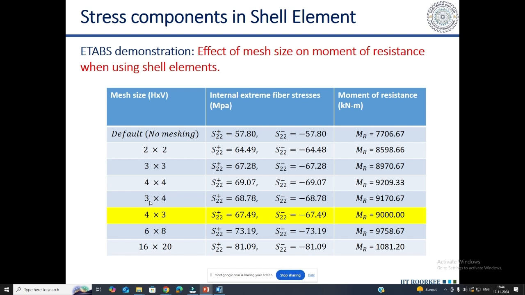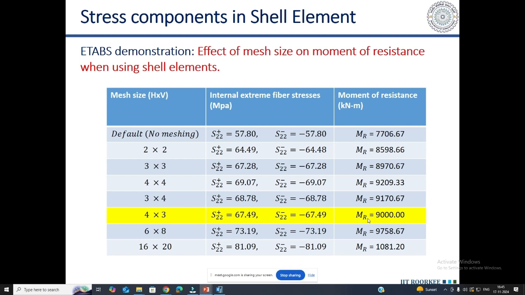Then I tried 3 by 4, and it was still giving higher than the result we expect. Earlier it was horizontally 3 and vertically 4; now I have done horizontally 4 and vertically 3 elements, and in this case it was exactly 9000, which is what we expect.